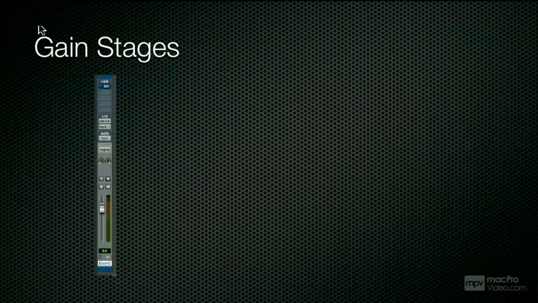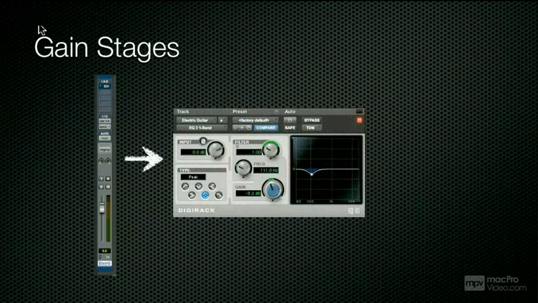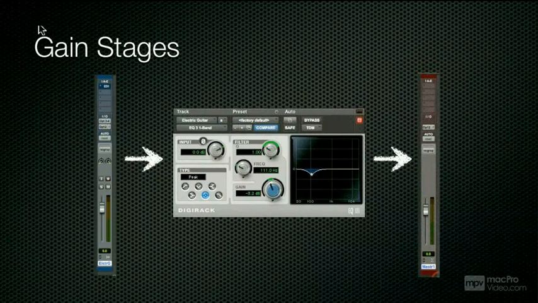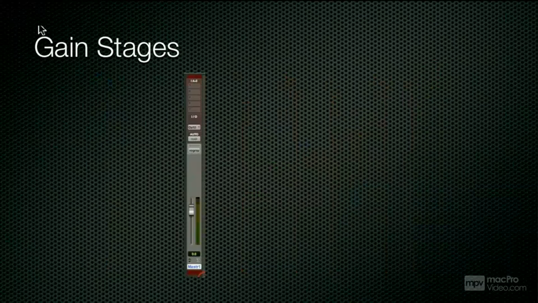Now you're in Pro Tools and you can raise or lower the volume of your guitar track, but you can do more. You can add effects to that guitar track and you can change the gain on those effects to affect the volume level. And you can output the results of that guitar track to other tracks, including an overall master track, and you can set the gain for that track.